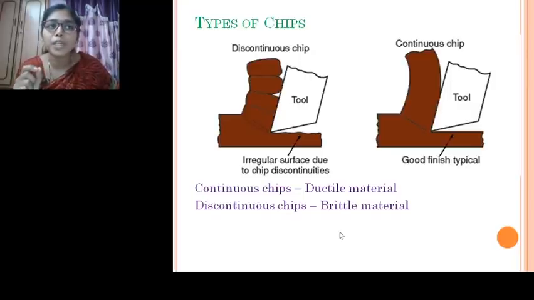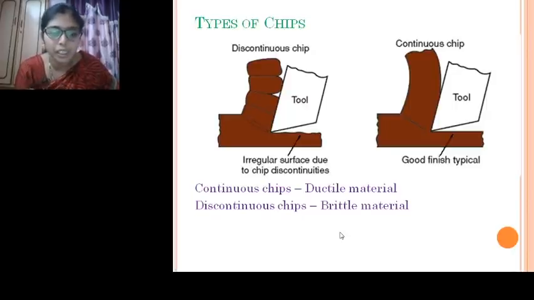While machining, if you observe that the chip is continuous, then we call it a continuous chip. This kind of continuous chip is obtained while machining a ductile material.